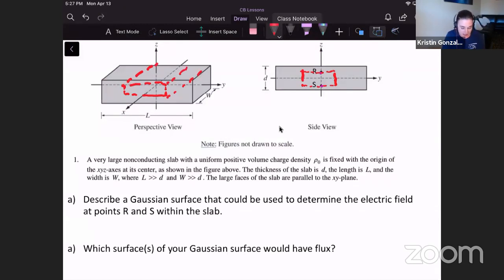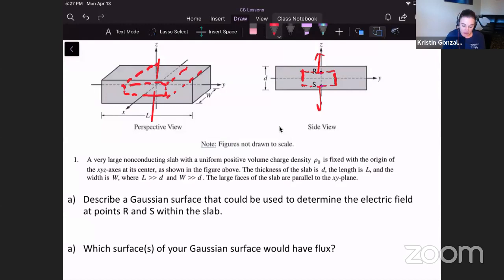Well, if this is very wide this way and this way, then we really couldn't take those into account as having flux. So the only sides that are going to have flux are the top and bottom sides of my Gaussian surface, right? If we're looking at it this way, it would be the top side and the bottom side here.